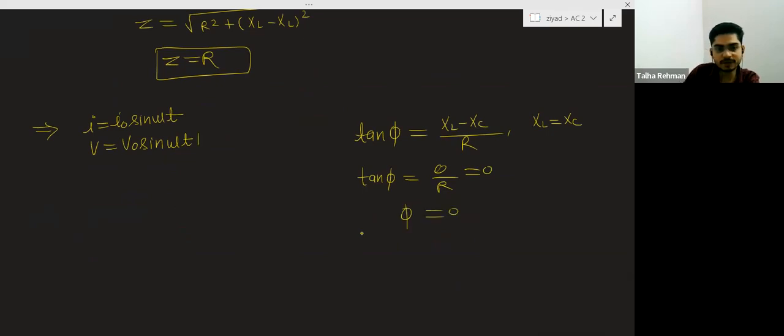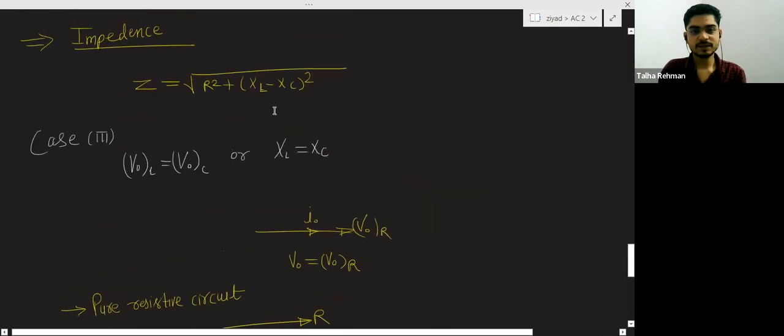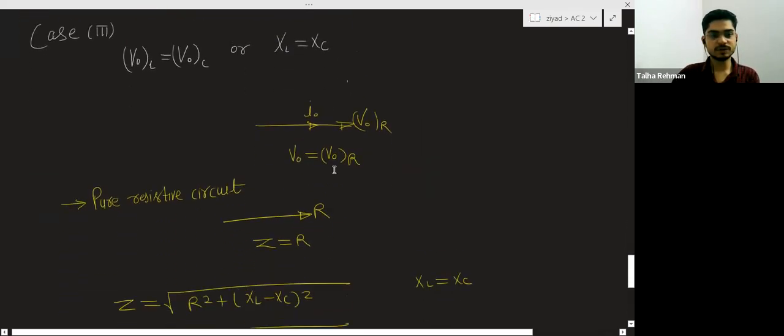So you will put phi equal to 0 here and you will get the equation of the voltage: V equals V naught sine omega t. So these are the equation of the current and the equation of the voltage in the case when XL is equal to XC.